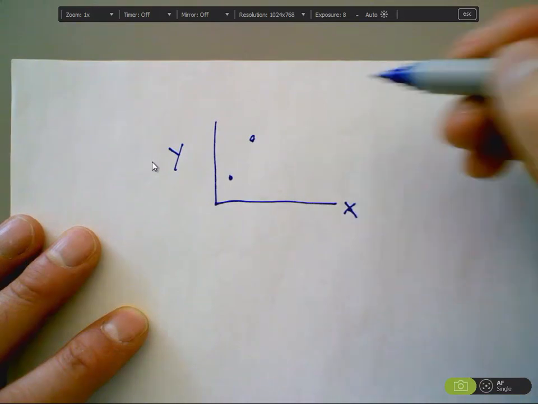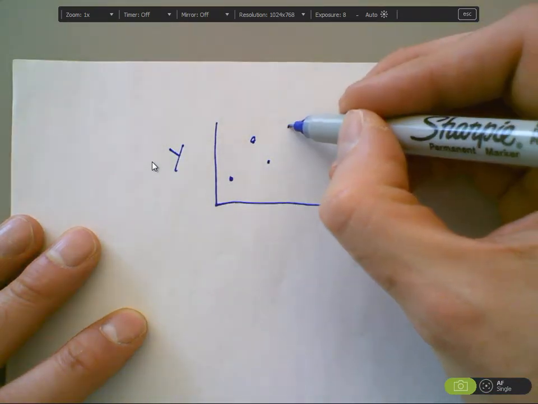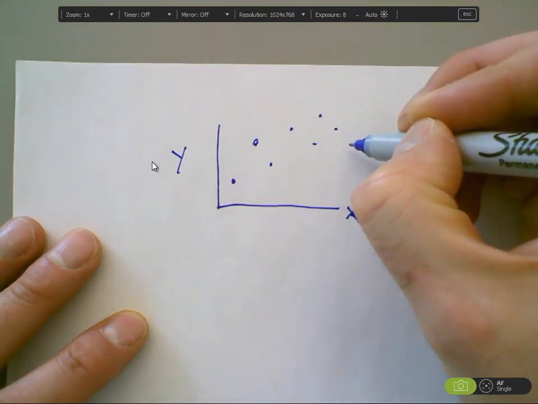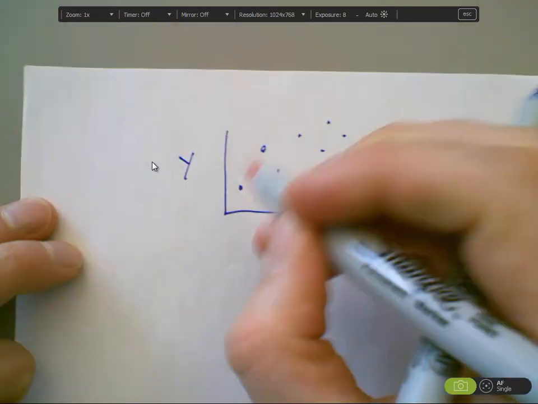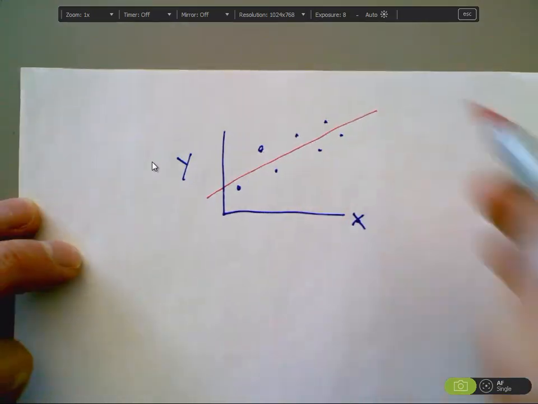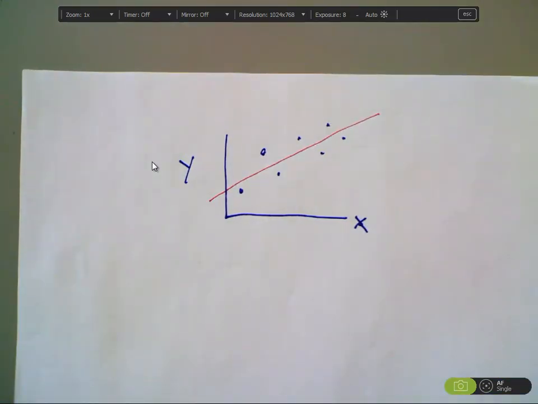When x is here, y was there. When x is here, y was there. Learn the concept." And this concept is really well captured by a line. So linear regression is a very popular regression formalism, but it can only learn things that are linear, that are lines. So it's a fairly limited learner.